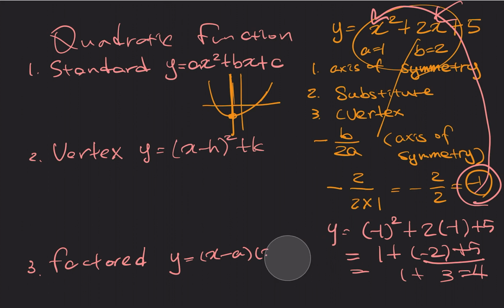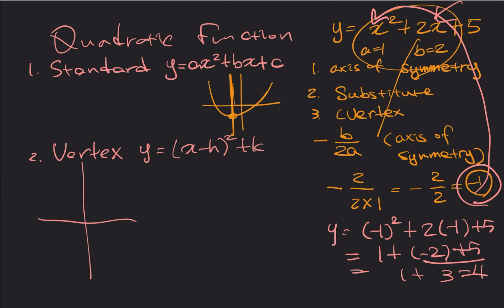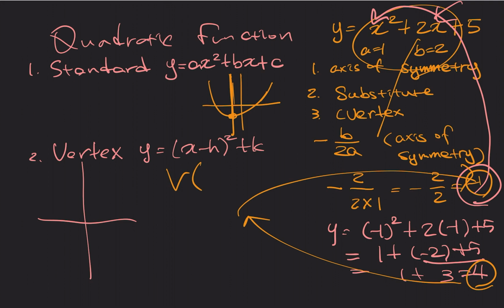So in the parabola, minus 1 is the axis of symmetry and 4 is y. So the vertex should be negative 1, comma 4. Negative 1 and positive 4. Okay, and now we see at least the vertex is minus 1, comma 4.